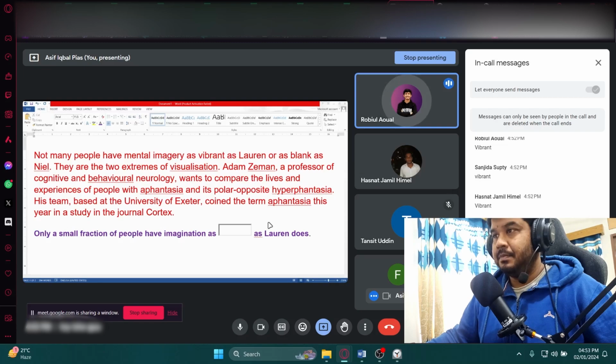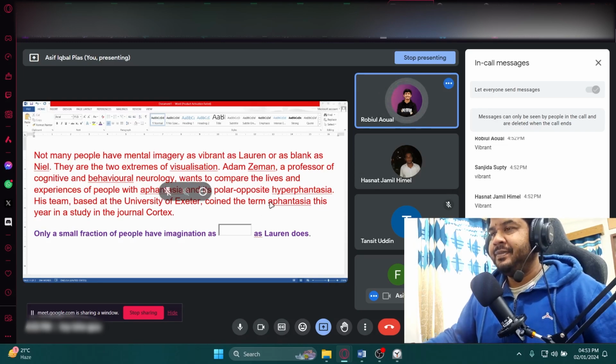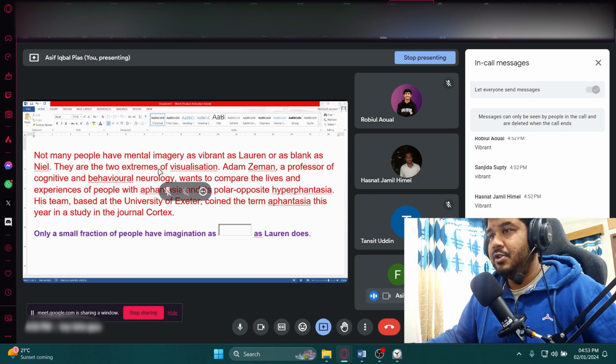Two people are mentioned there, so for our answer, we normally give the one that the question asks about. Okay, good. So the first line says, not many people have mental imagery as vibrant as Lauren or as blank as Neil. The question says only a small fraction of people have imagination as dash as Lauren.